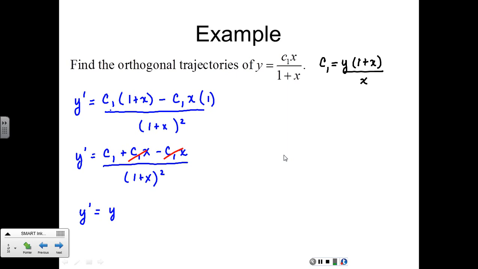Okay, so C1 was y times 1 plus x. That's on top, over x, so I'm going to put an x in the bottom. And you already got a 1 plus x squared down there. How's that going to clean up? One of those is going to cancel out, right?